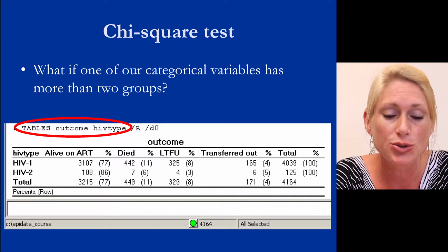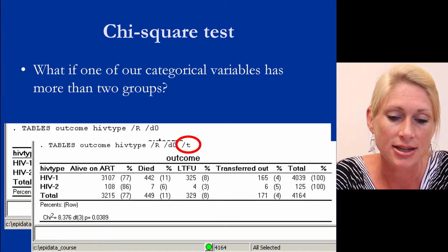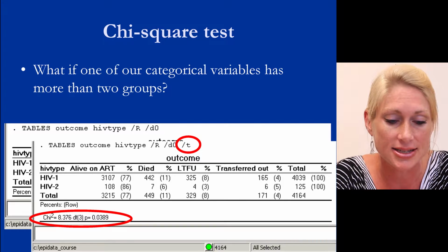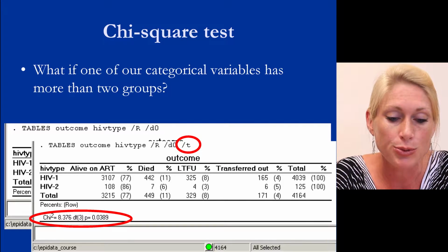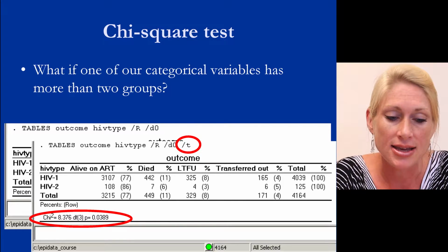Again, because we are analysing two categorical variables, we do a chi-square test using our command /t, and here is the result of that chi-square test. The p-value, 0.0389, we can round up to 0.04, and this is telling us that yes, there is an association between HIV type and ART outcome.